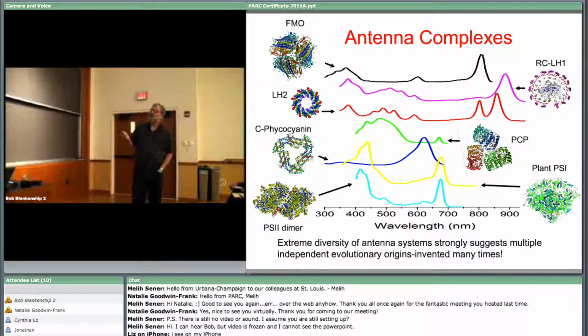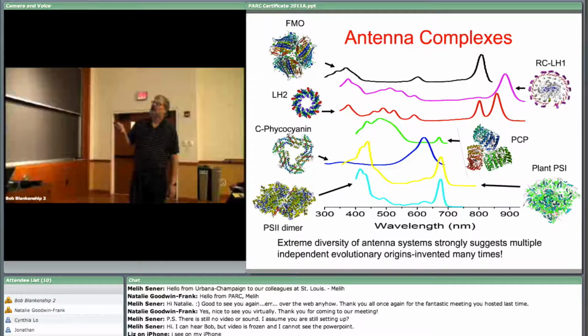This process takes place on molecular structures, and these show structures, and these are light absorption spectra of various antenna complexes, found in different sorts of organisms. This one here has absorption in the blue, sort of blue-green region. It is found in algae that live well underneath the surface of the ocean, so this color of light penetrates that deeply.